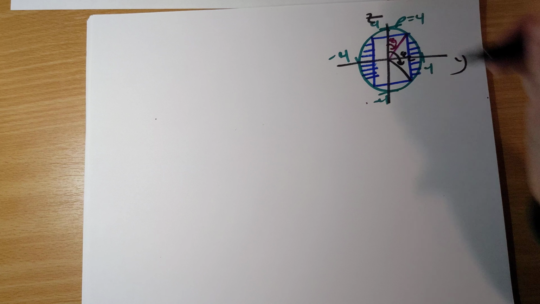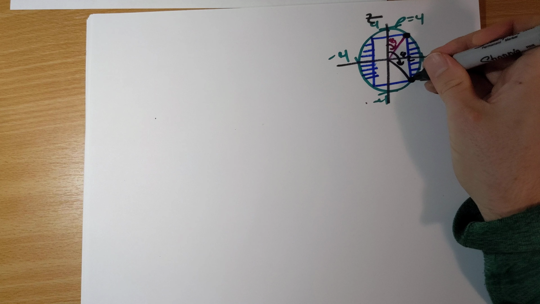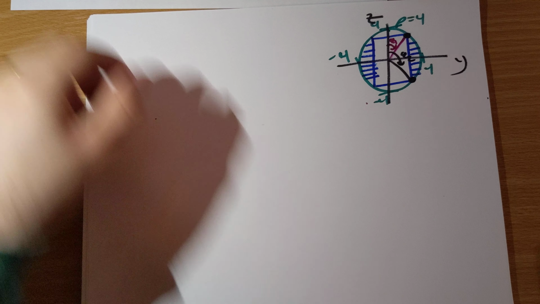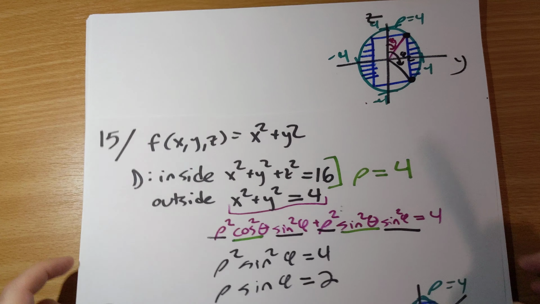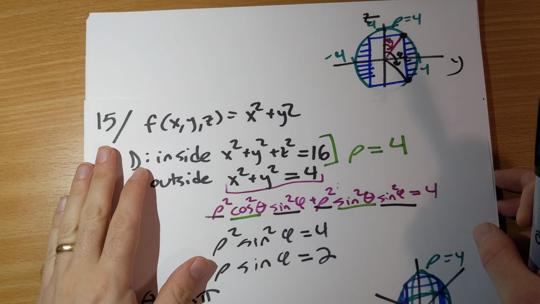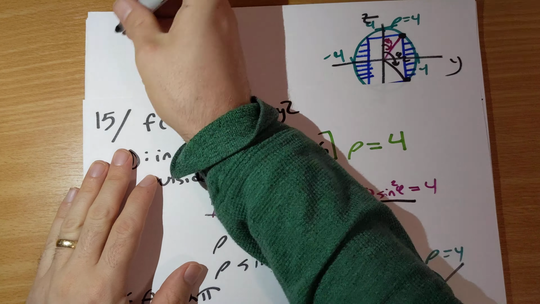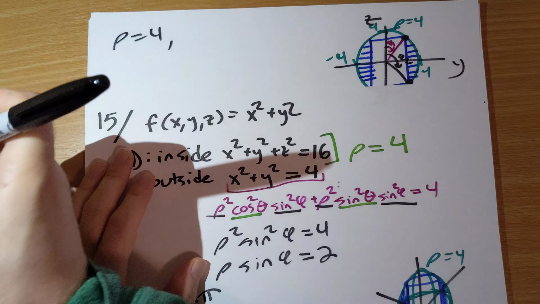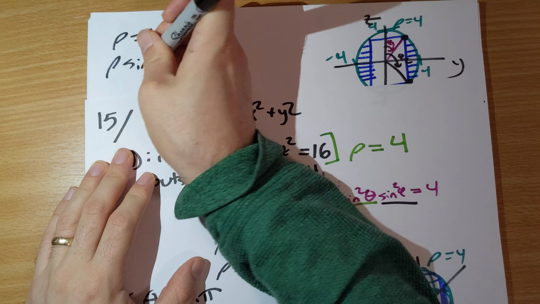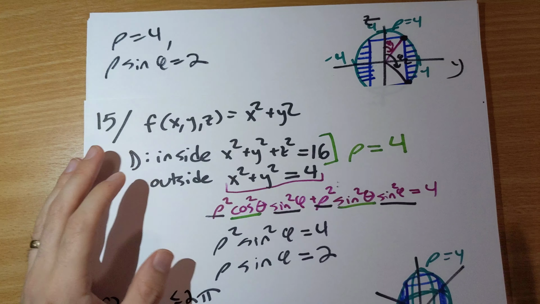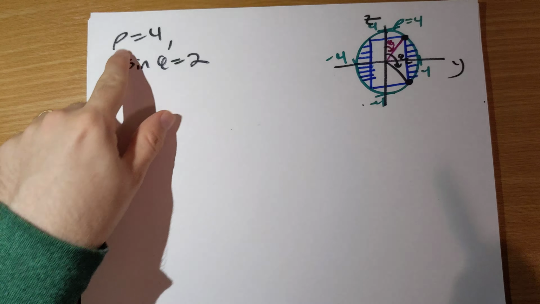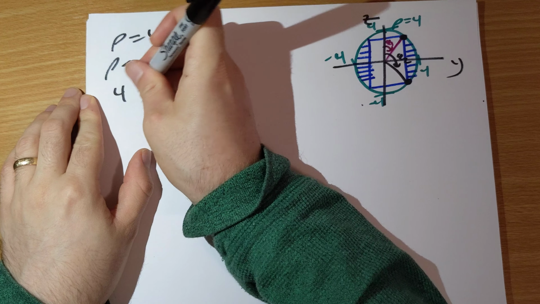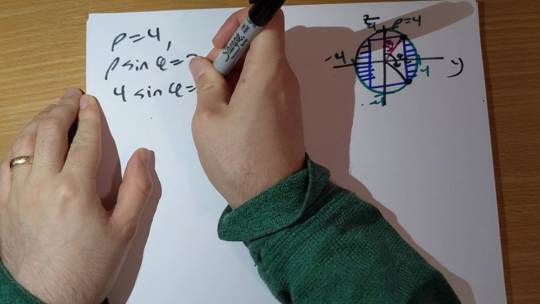How do we determine these phi values? Well, these are the intersection of the two shapes. We have rho is equal to 4, and rho sine phi is equal to 2. So let's solve these equations. Rho is equal to 4, 4 sine phi is equal to 2.